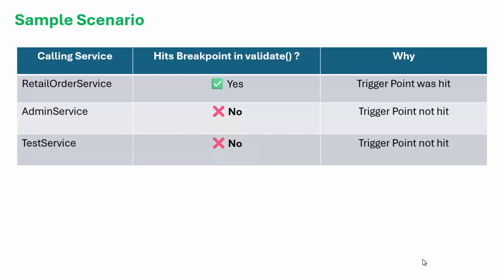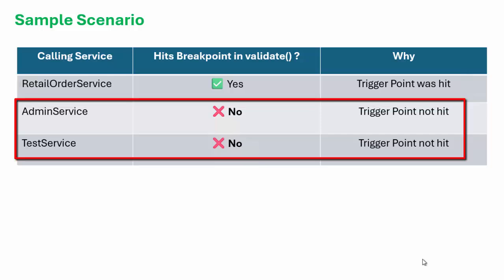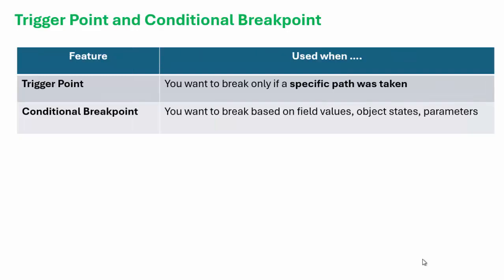So the sample scenario, what we just saw from retail order service, the breakpoint in validate was invoked, the trigger point was hit. In other cases, the trigger point was not hit, hence the breakpoints in validate were not enabled or were not hit. Additionally, I am mentioning a subtle difference between trigger point and conditional breakpoint where people get a little bit confused.